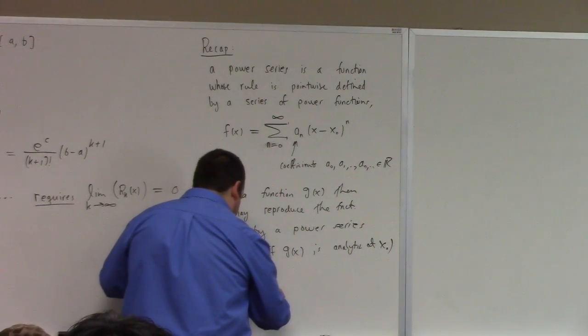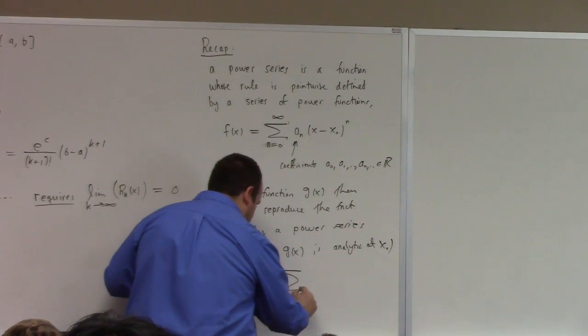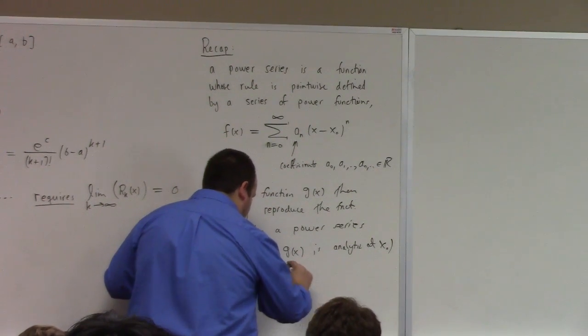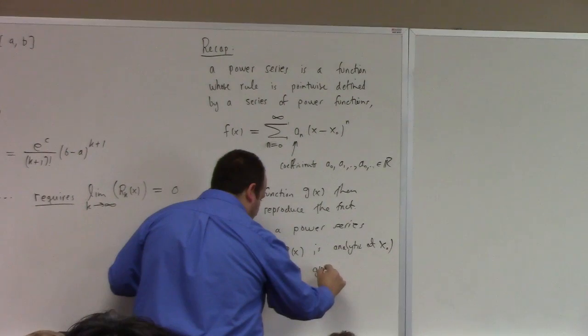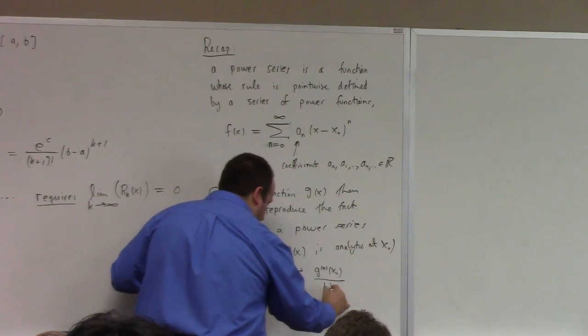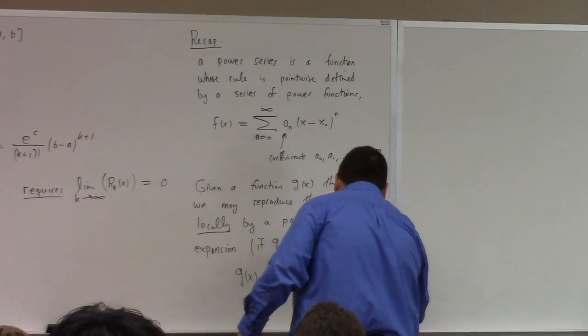So, and then how do we do that? Well, g of x is going to be equal to, and this is Taylor's theorem, sum n equals 0 to infinity, the nth derivative of g at x naught over n factorial times x minus x naught to the n.